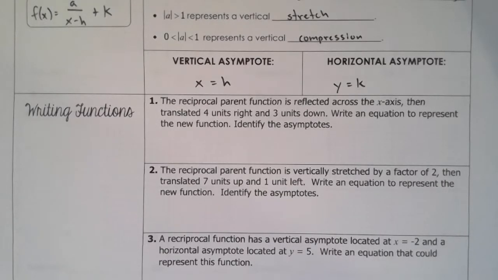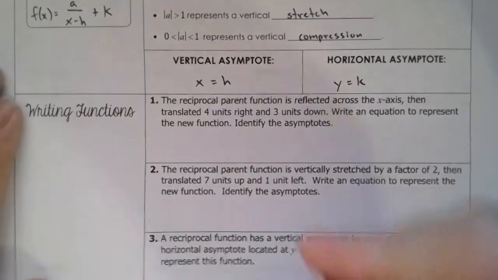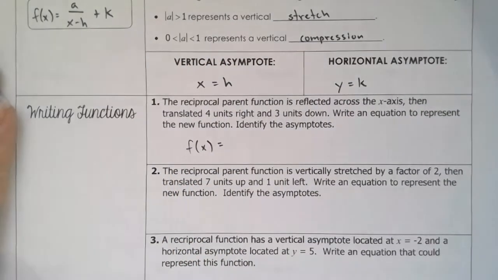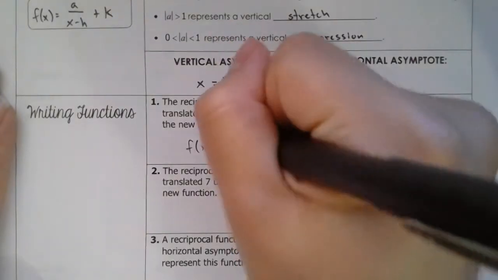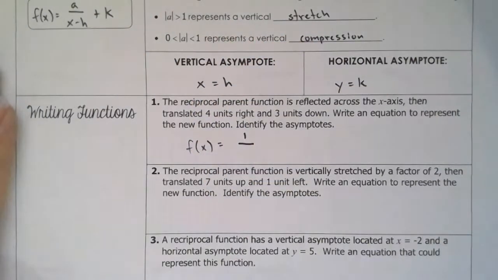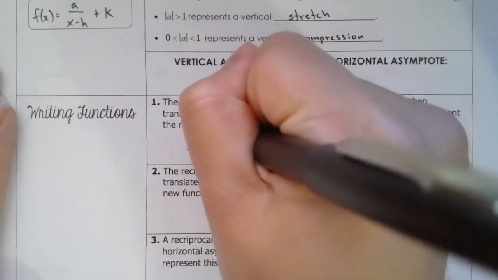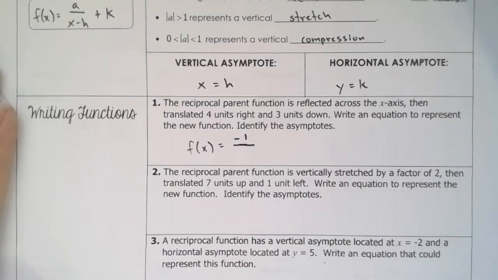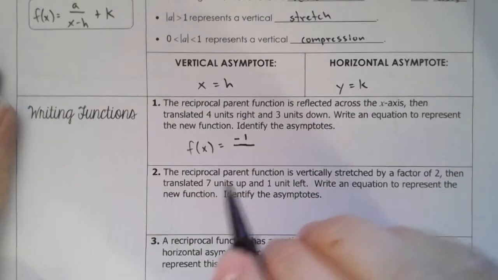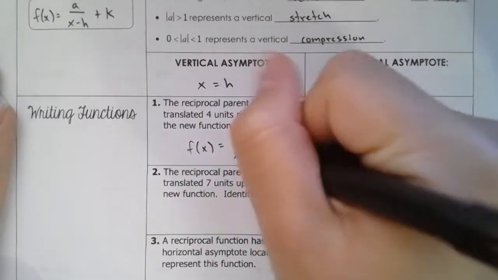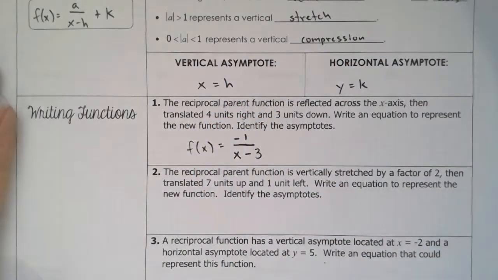It says write an equation to represent the new function and identify the asymptotes. So f of x, there's no stretch or compression, so it's just 1 over, but it's reflected across the x-axis, so I have negative 1, and then 4 units to the right, so I plug in a positive, so x minus 3, because I plug in a positive.